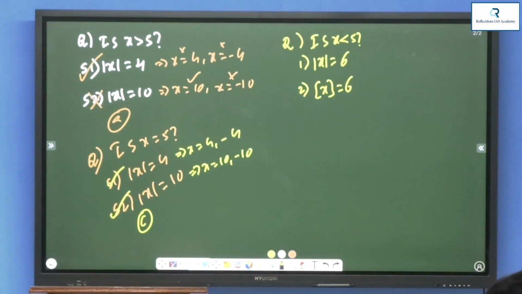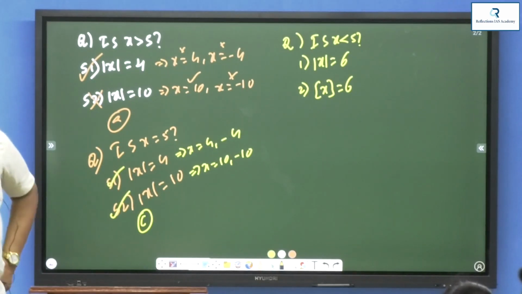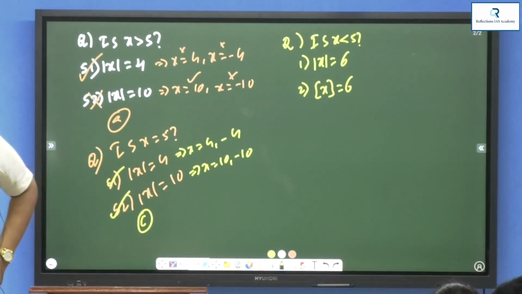Zero. B for Bangalore. Bangalore. Chennai. Bangalore.